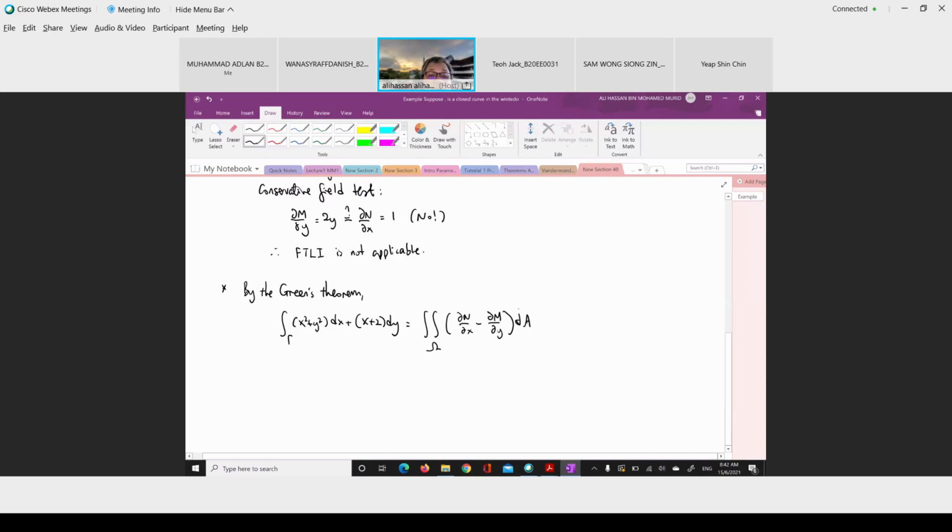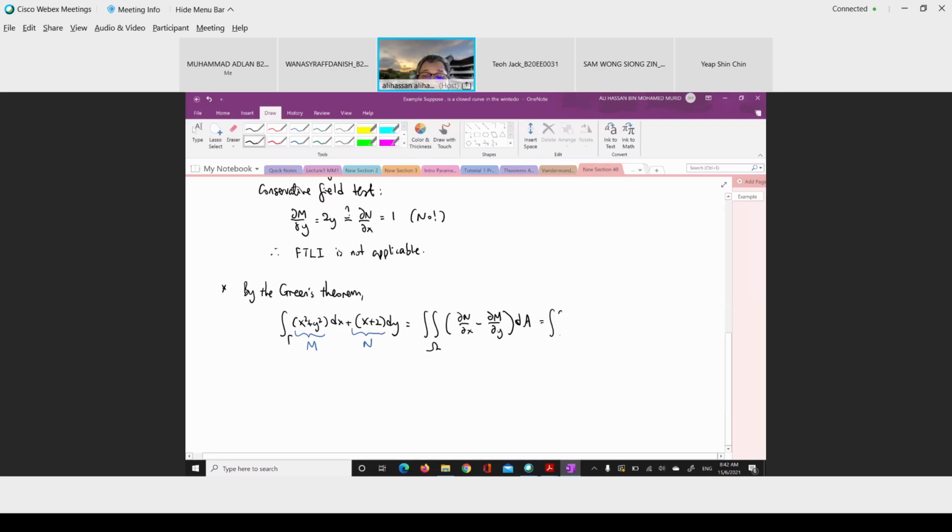Okay, by the Green's theorem. So we have m and n here. M refers to x squared plus y squared, the coefficient of dx, and n refers to x plus 2, the coefficient of dy.